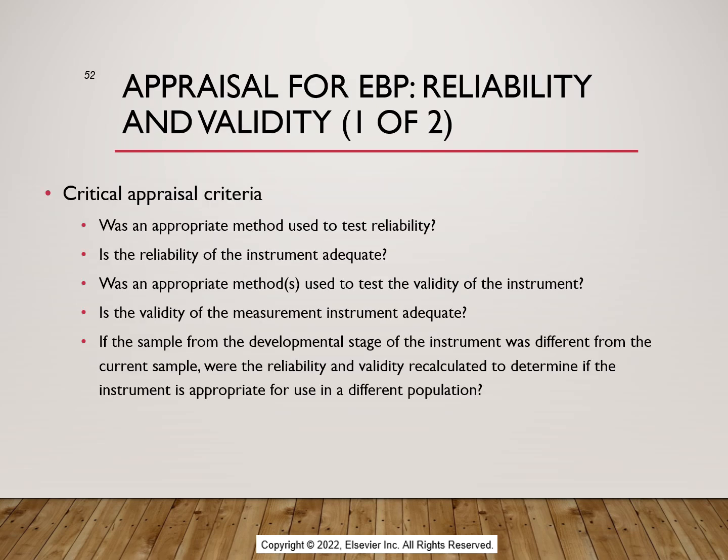This slide and the next one are those questions that you want to ask yourself as you're reading through that methodology section to analyze and determine whether the reliability and validity of your selected quantitative research study were strong or weak.